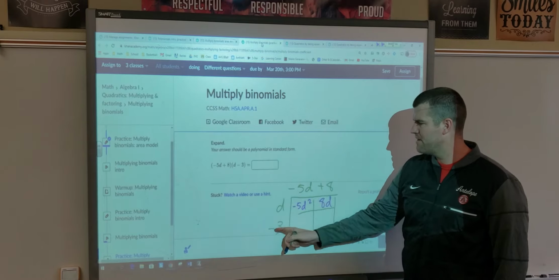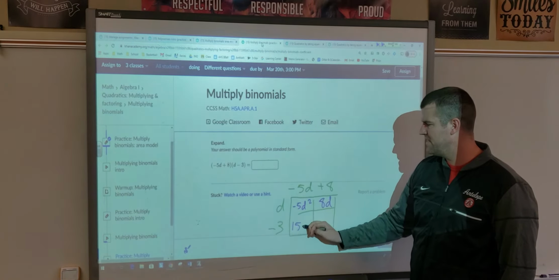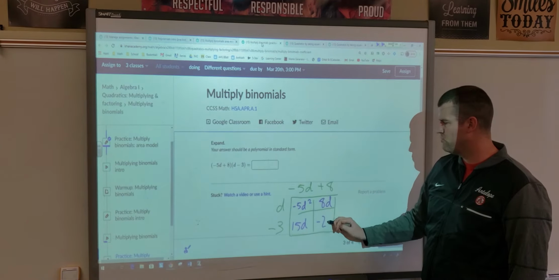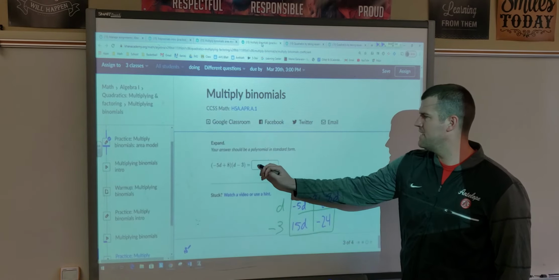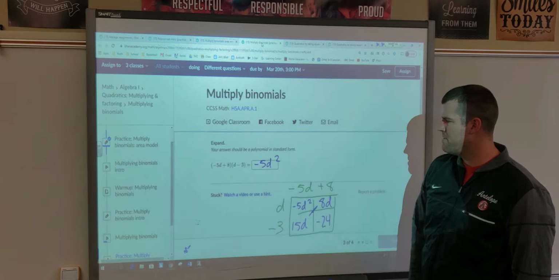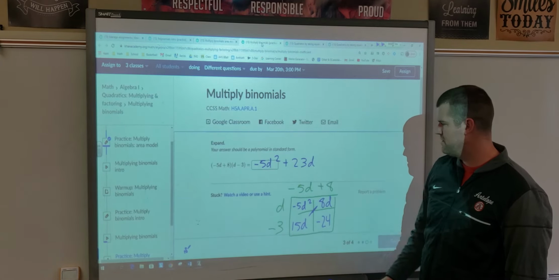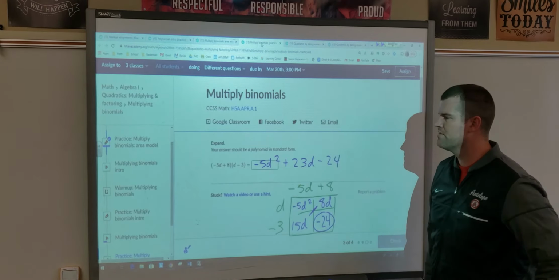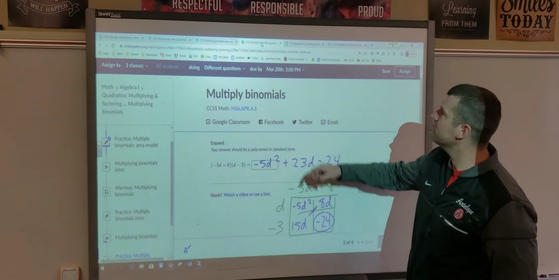Negative 5d times negative 3, negative times negative is positive 15d. And then 8 times negative 3 is negative 24. So when I combine all my like terms, I end up getting negative 5d squared. Combine those to get plus 23d. And then finally, my constant minus 24. So you type all that into the box, and you've got it.